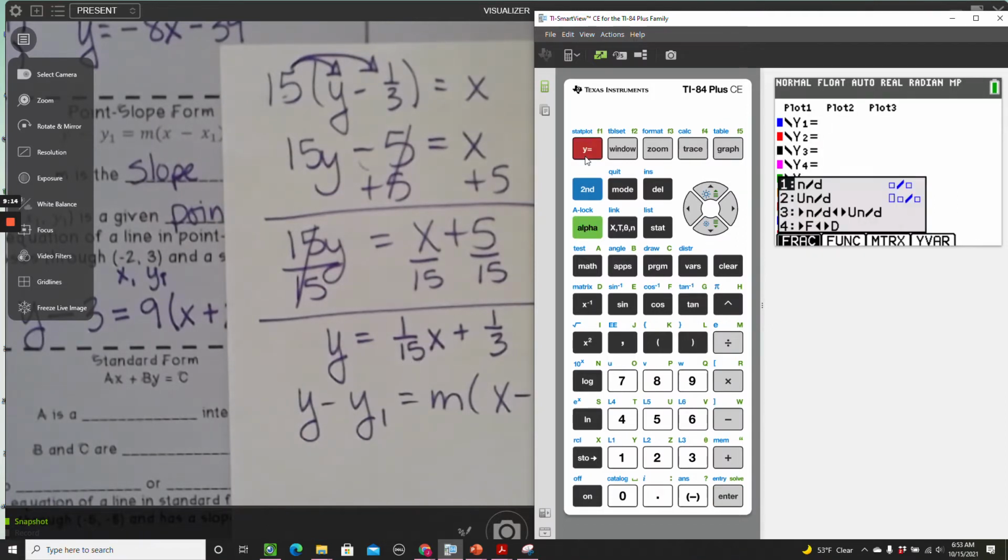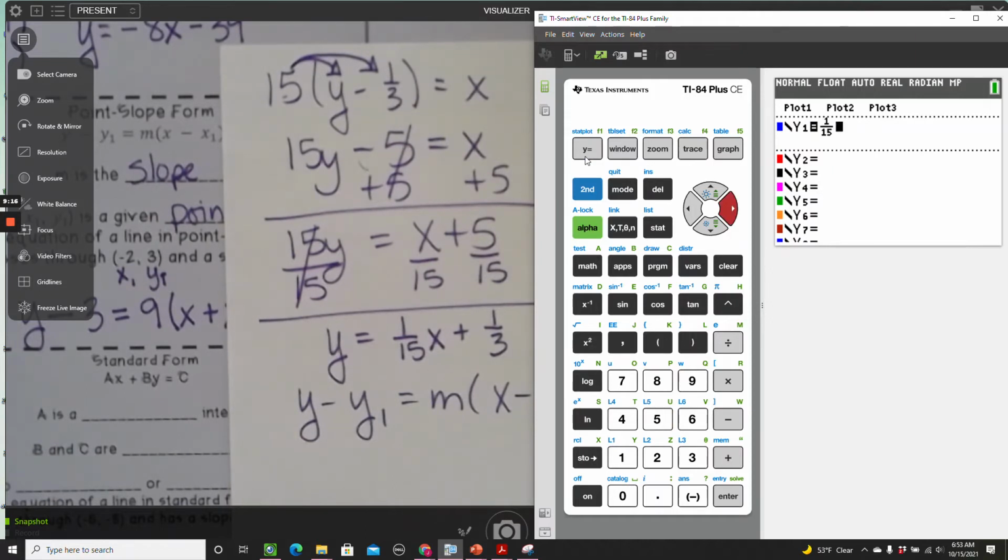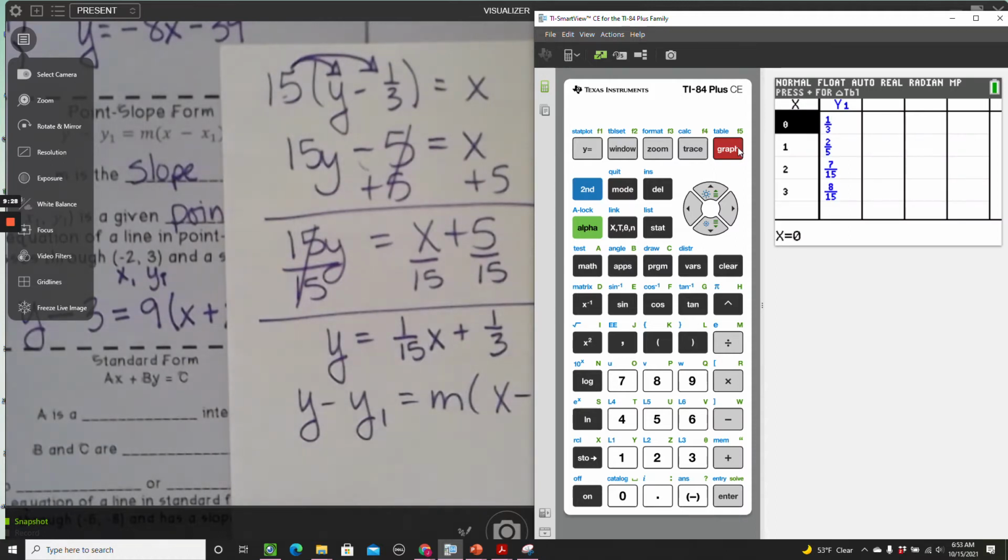So 1/15 x plus 1/3. And then I'm going to go to the table. So second table. And I want a nice pretty point.